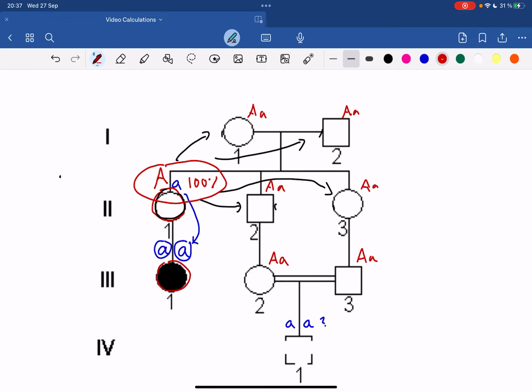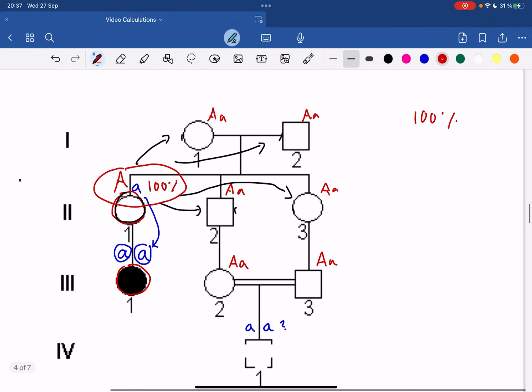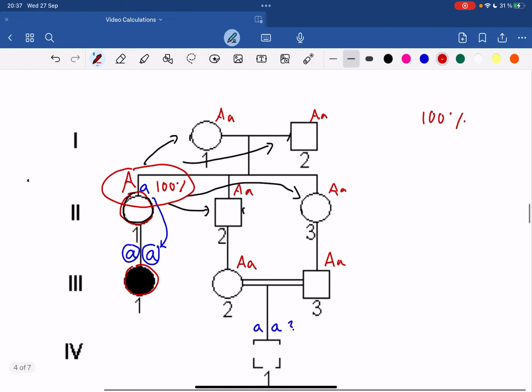So if the relative has 100% heterozygous probability, then half of that equals 50%, or 1 out of 2. So all of these people have a 1 out of 2 chance to be heterozygous, to have heterozygous phenotypes.